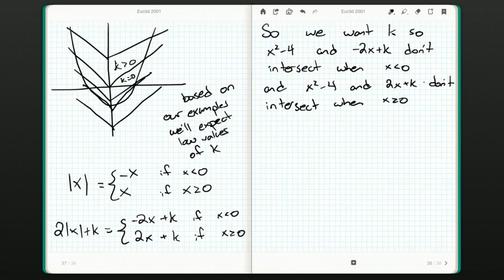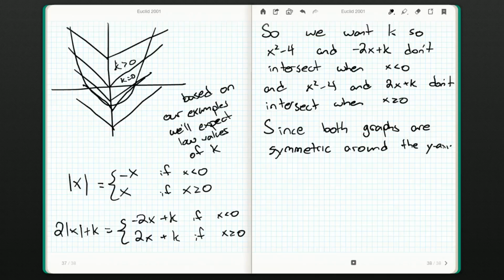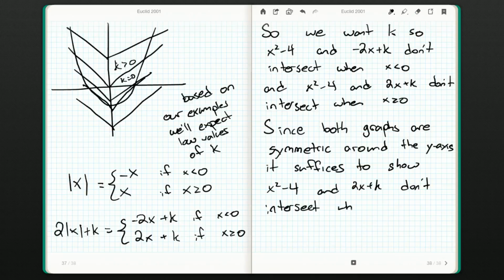I'm going to say, well, we only really need to check the last case. Since both graphs are symmetric around the y-axis, it suffices to show x squared minus 4 and 2x plus k don't intersect when x is non-negative. Okay?